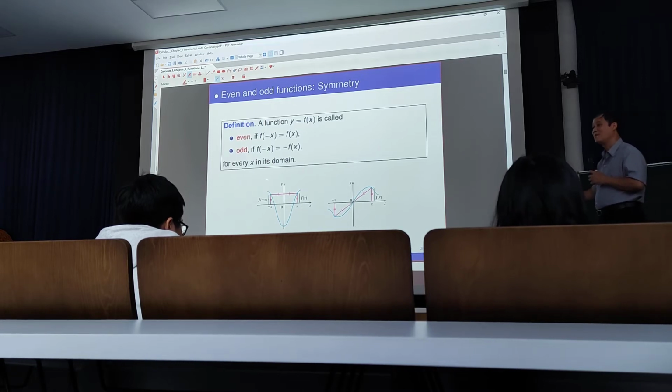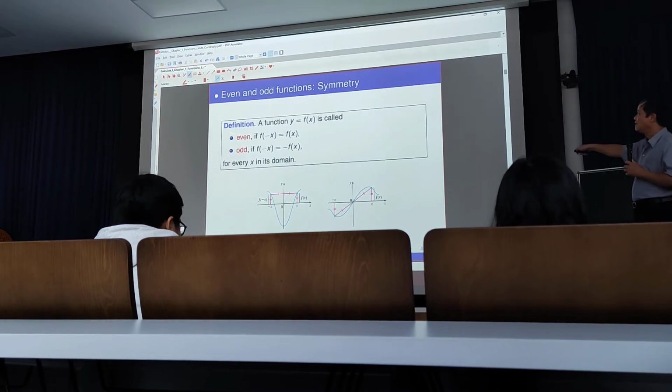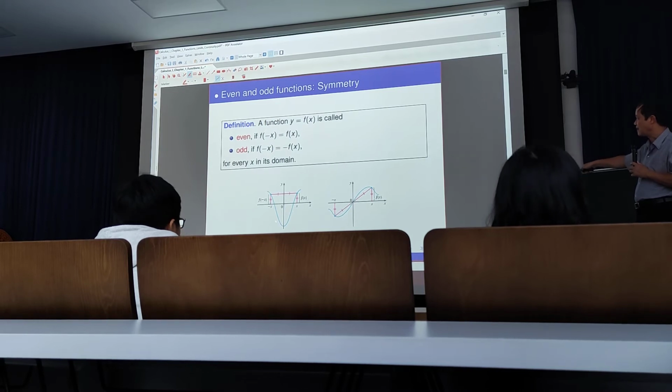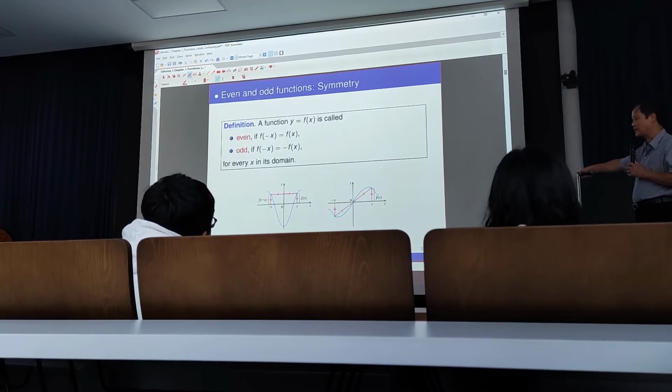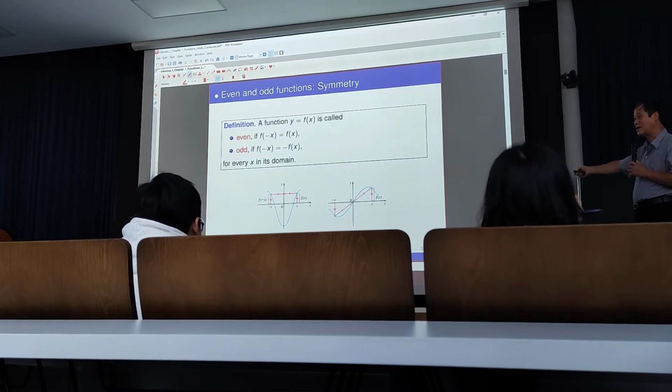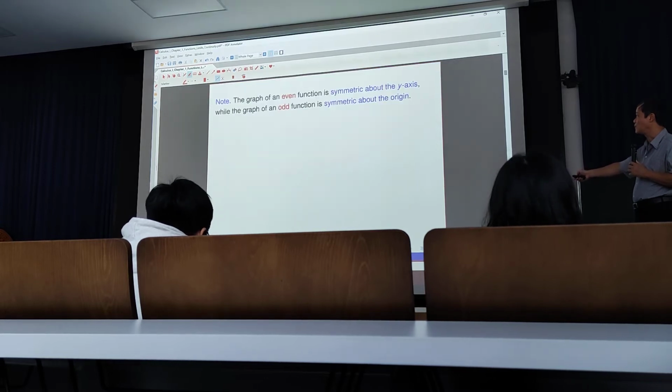So from here, we understand that for an even function, the graph is symmetric with respect to the y-axis. Đồ thị của nó sẽ là đối xứng qua cái trục y. For an odd function, the graph is symmetric with respect to the origin of coordinates. Right? So you also studied this already in your high school.